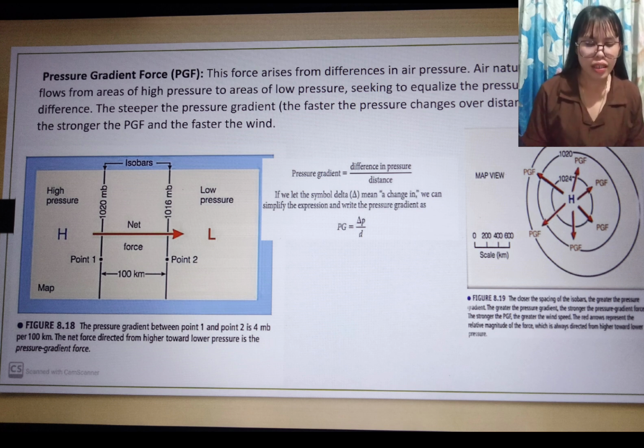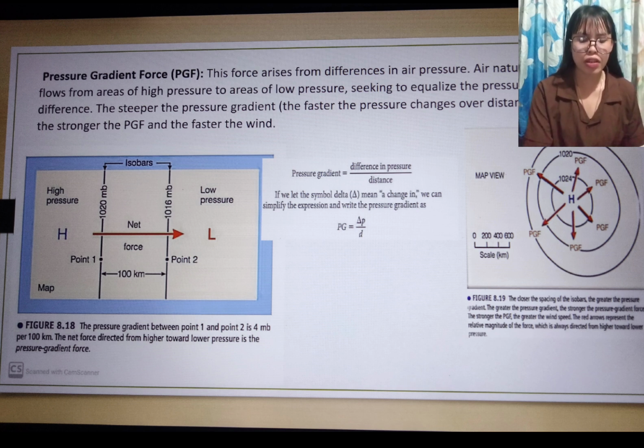So in figure 8.19, the closer the spacing of the isobars, the greater the pressure gradients. The greater the pressure gradients, the stronger the pressure gradient force. The stronger the pressure gradient force, the greater the wind speed. The red arrows represent the relative magnitude of the force, which is always directed from the higher towards lower pressure.